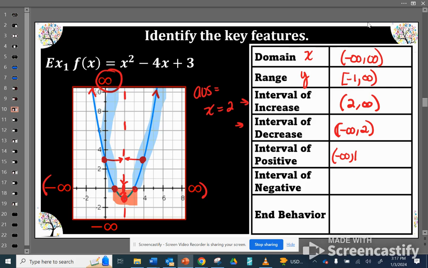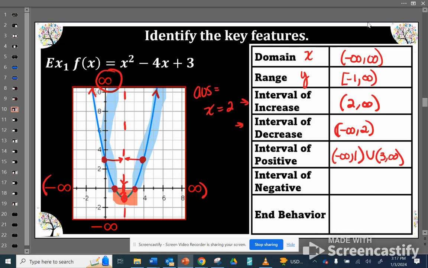I'm just going to use a parenthesis, and then we're going to use our union symbol, and then it picks back up when x is 3. Again, this is (3, 0). Y is not positive, so we don't include the 3 value, and then all the way to positive infinity.